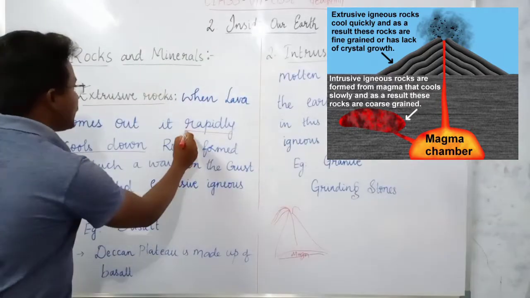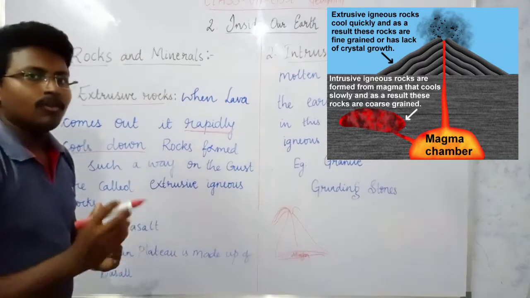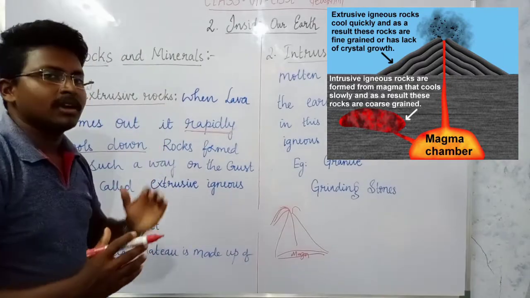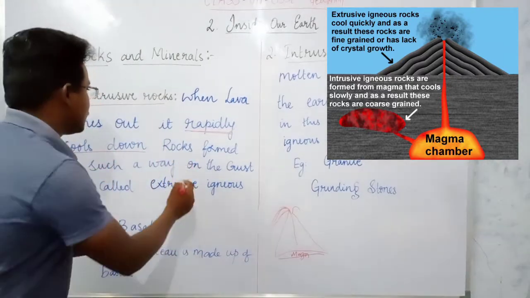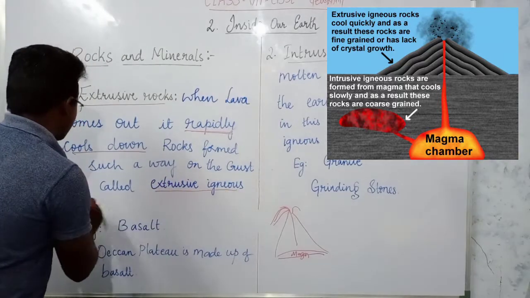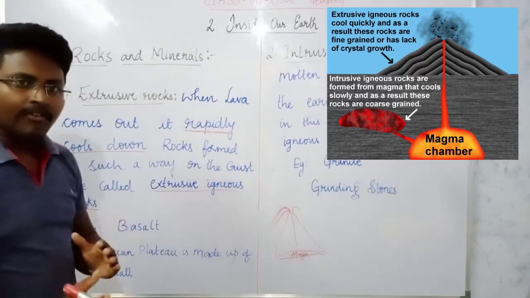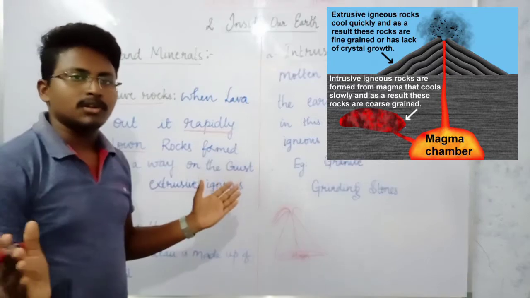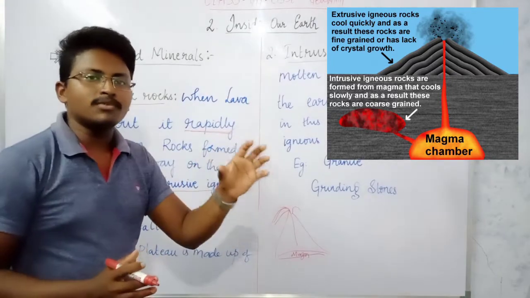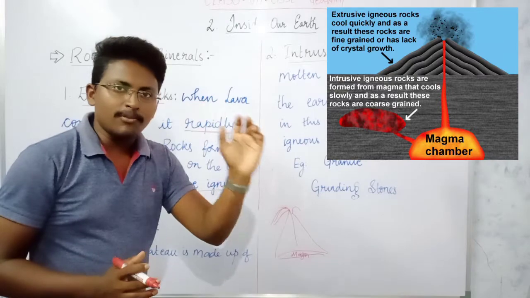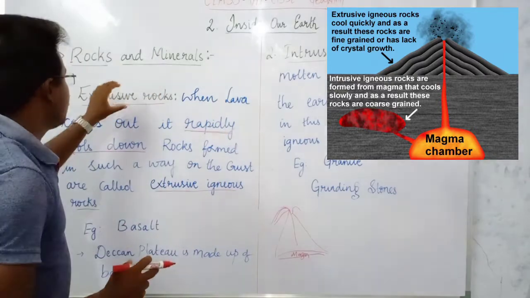Therefore, it rapidly cools down and becomes solid. These rocks are known as extrusive rocks.